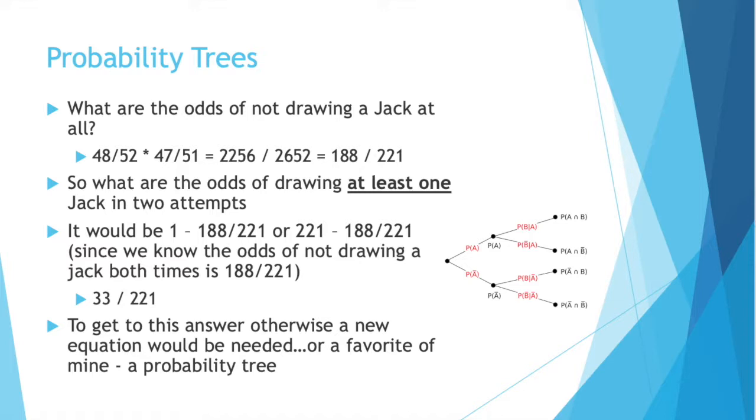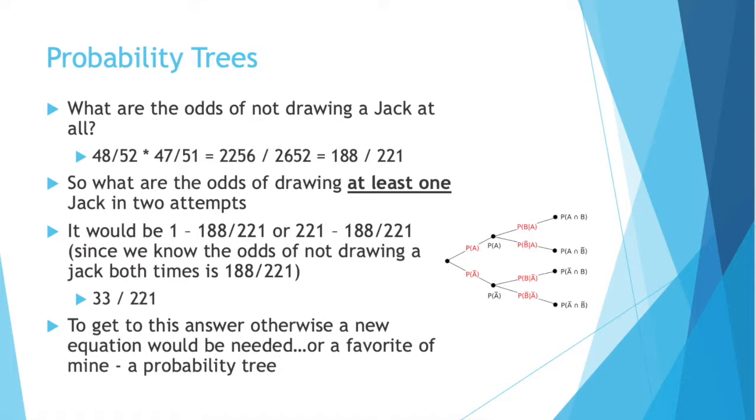But again, that's just the odds that you don't get any Jacks. So this could be 1 Jack or both Jacks. And also for the 1 Jack, that means the first card could be a Jack or the second card could be a Jack. So any of those combinations added together is 33 over 221.